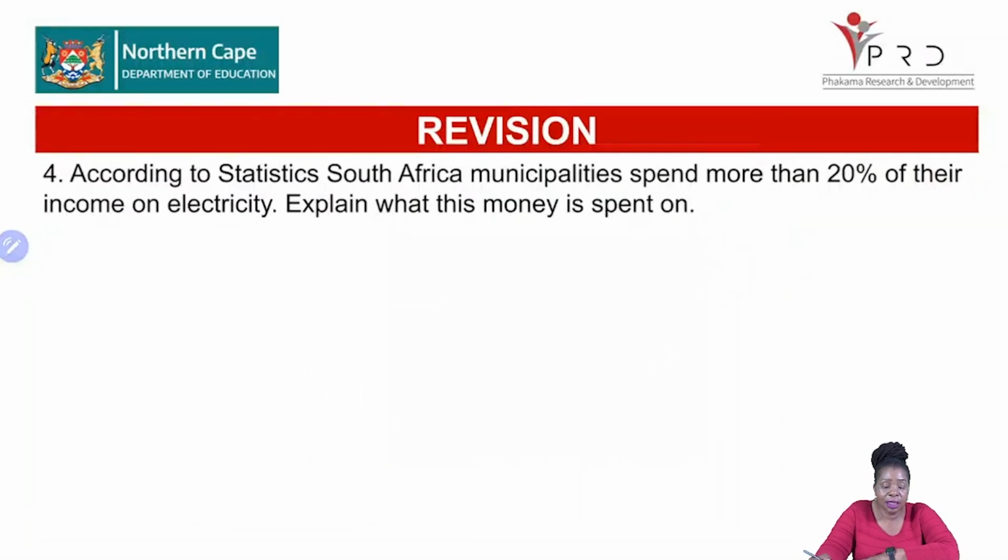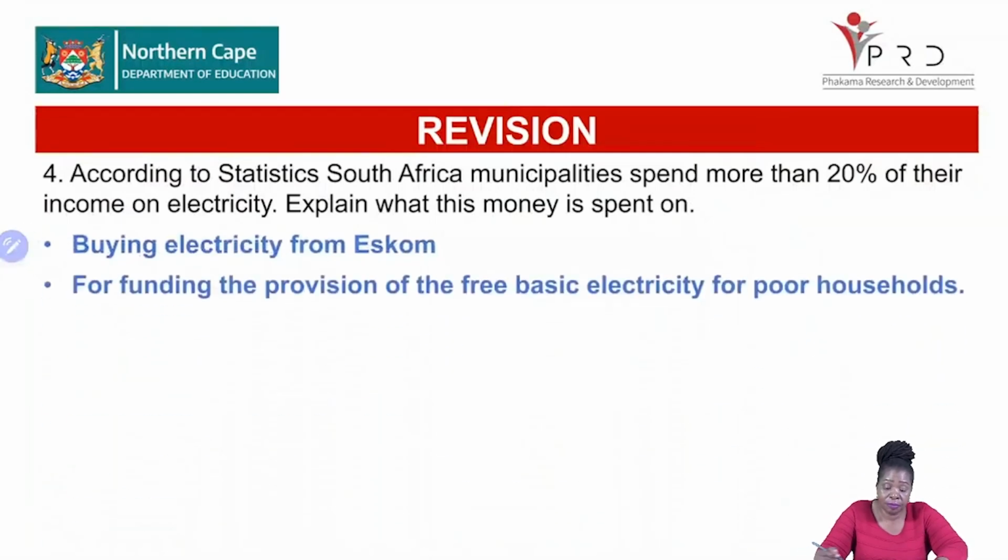So the question says, according to statistics, South African municipalities spend more than 20% of their income on electricity. Explain what this money is spent on. Right, so it is spent on buying electricity from Eskom.